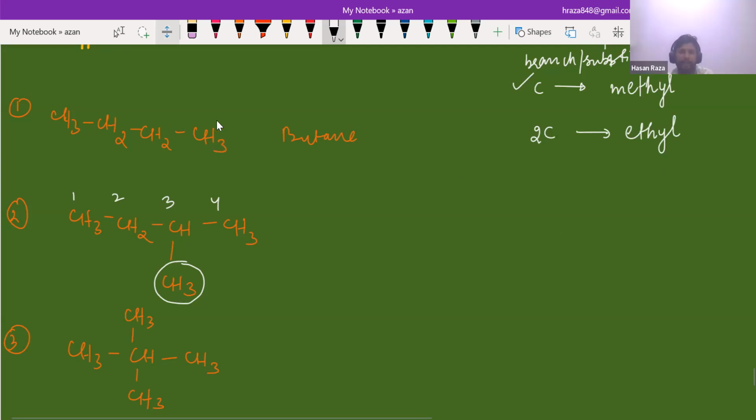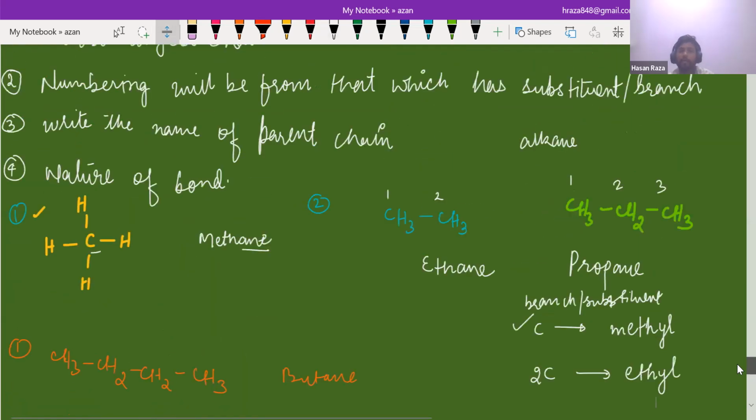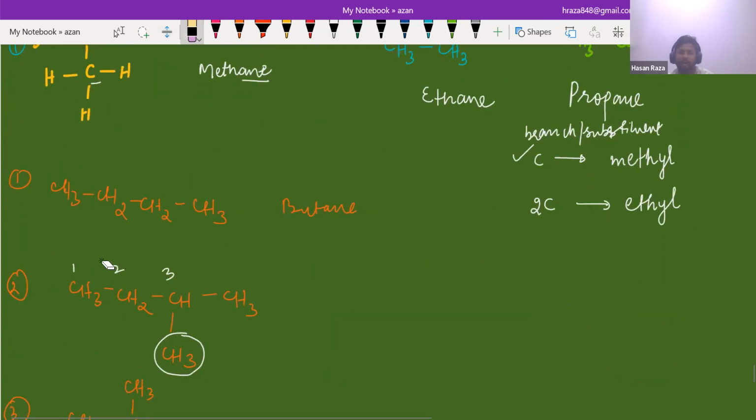Yes, sir. And in the second point that I had written, numbering will be from the side which gives the substituent the lower number. If you do the numbering from right to left, the substituent will get the second position.